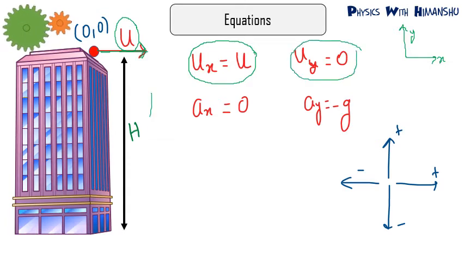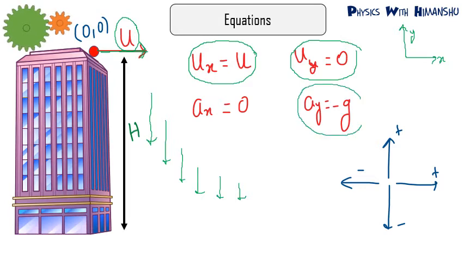Also, the ball is always being pulled towards earth, so the force is always downwards on the ball. So acceleration in y direction will be minus g and acceleration in x direction will be equal to 0, because there is no force on the ball in the horizontal direction. You have to remember all these four parameters.